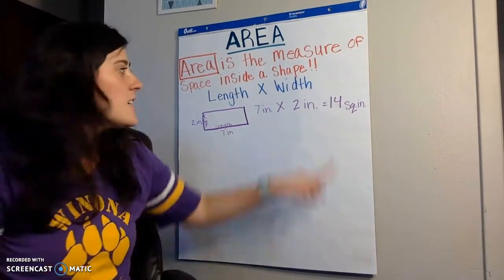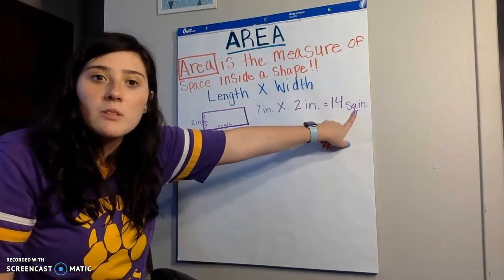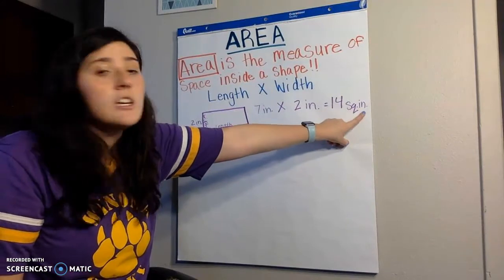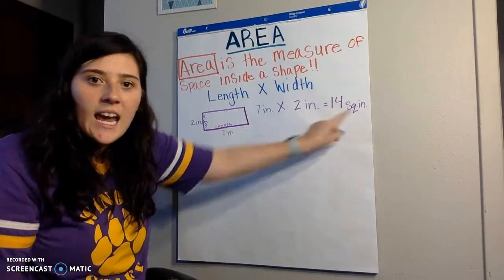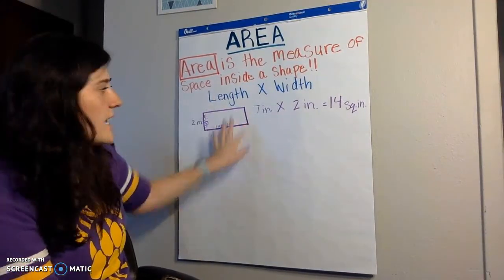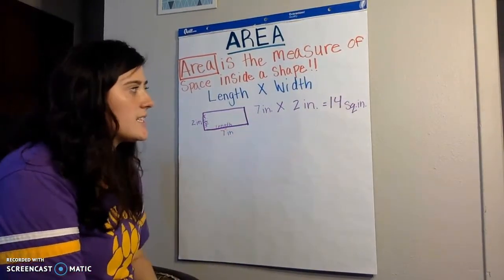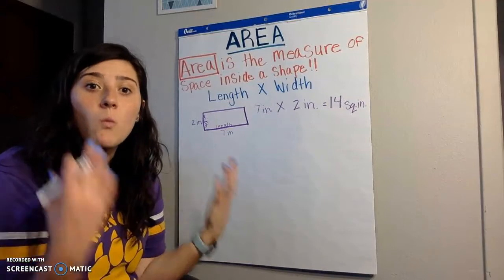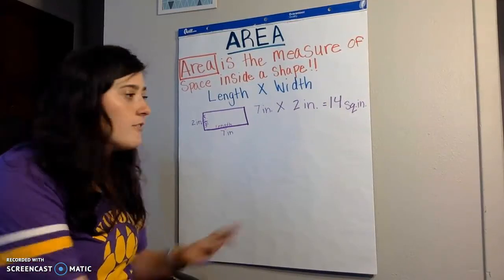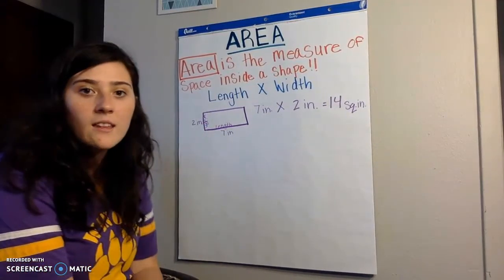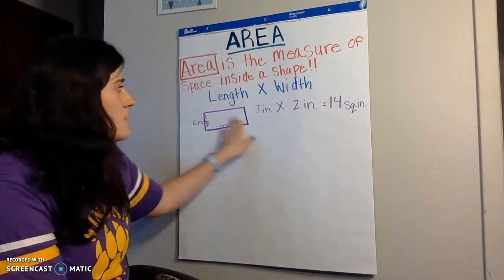An important part of this is making sure you have your labels correct. Since I used the unit inches, and I know there are squares inside there, it's going to be square inches. So that is one way you can solve it. If you have the width and the length, you can solve it easy peasy like that.